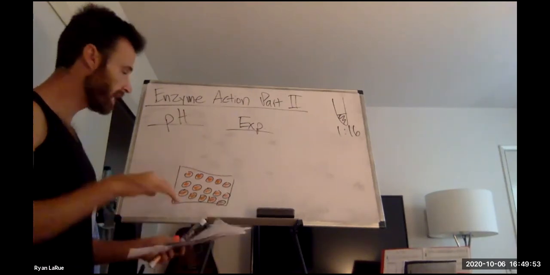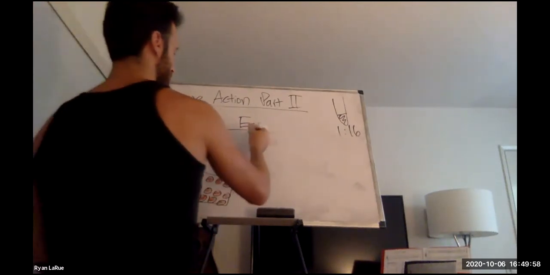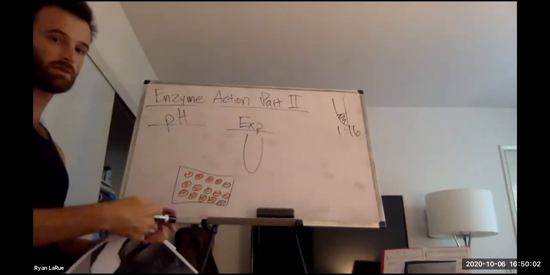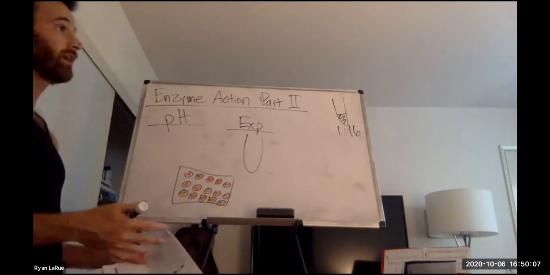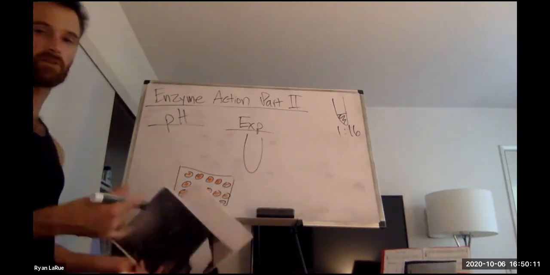Then below that, you would try screwing around with the pH, to see how that affects enzyme activity. Enzyme activity, of course, being the starch breakdown, and whether or not the amylase is going to catalyze that breakdown of starch, or hydrolyze that starch.